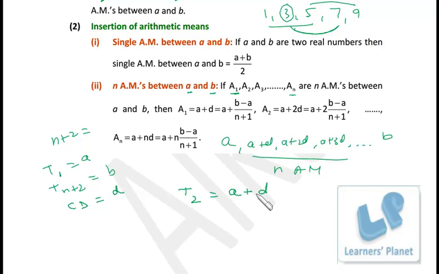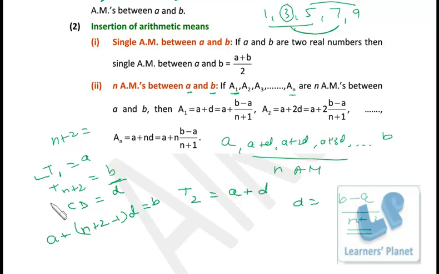Now how do we find d? See, this is the first term, this is the last term, that is the n plus 2th term. So what we can write is A plus (n plus 2 minus 1) d is equal to B. By solving this equation we can find the value of d. So d will be (B minus A) upon (n plus 1), right?